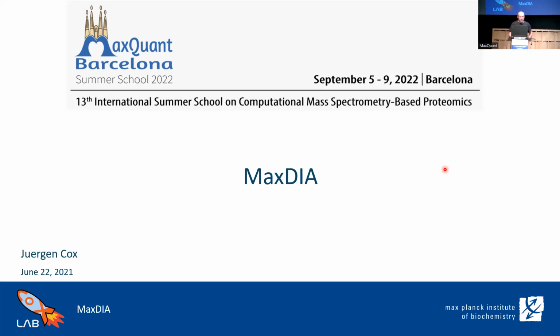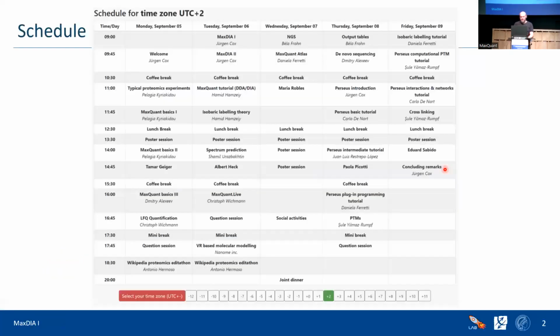Yesterday was all about DDA data analysis, and today will be the first day where you see the DIA capabilities of MaxQuant. As you can see in the program, we will spend 90 minutes on MaxDIA, and then after the coffee break, there will be another session by Hamid on how to use it, a tutorial on MaxDIA.